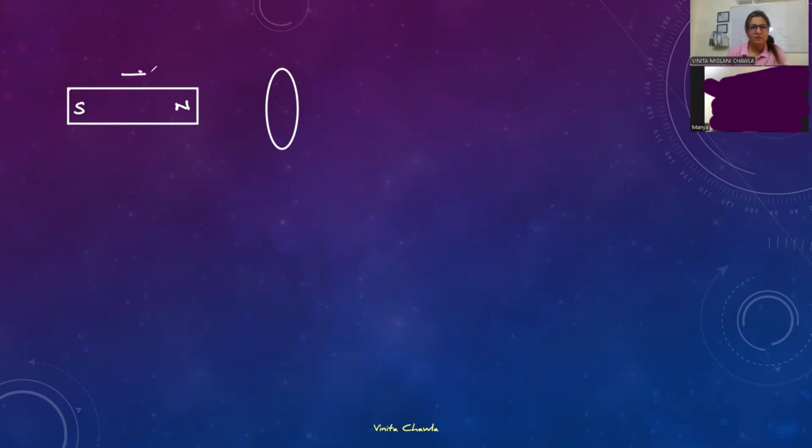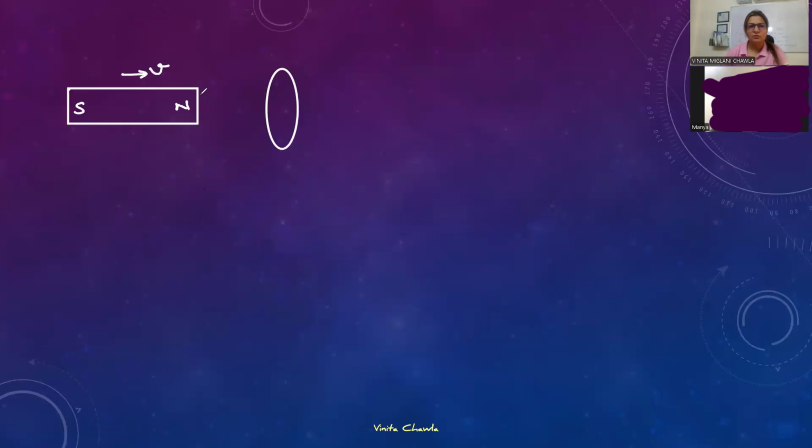Okay. So let's consider a situation where we have a magnet and a coil. This is the north pole of the magnet and this is south. And this magnet is moving towards the coil with some constant velocity, let's say v.